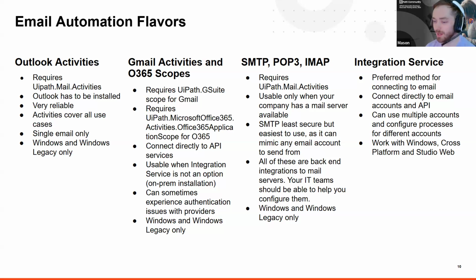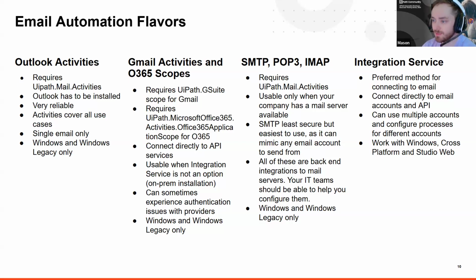So if you're using an on-prem installation, then you could use these with an account that's on O365 or in G Suite. I've used the G Suite activities in production. Sometimes you experience some authentication issues with those providers, and so you have to do some custom configuration on your Gmail account. Some of that's not recommended by Google anymore, so it's a little bit outdated, but you can still do it. And again, these are going to be for Windows and Windows Legacy only. These ones are not on your cross-platform and Studio Web types of authentication.